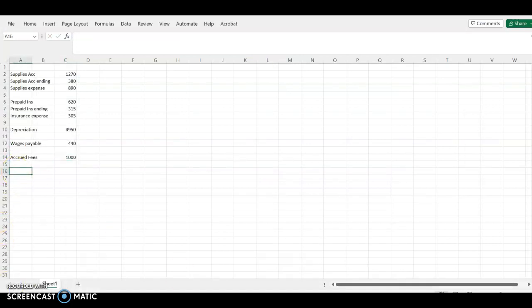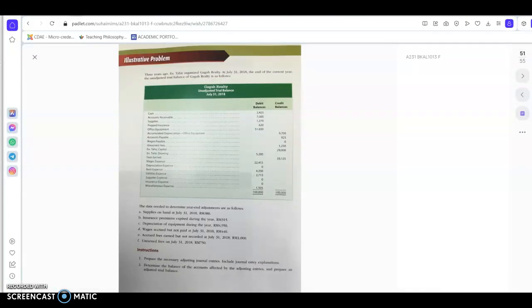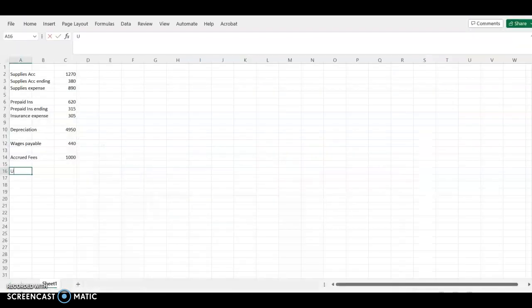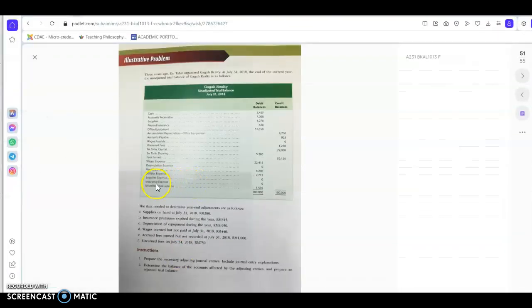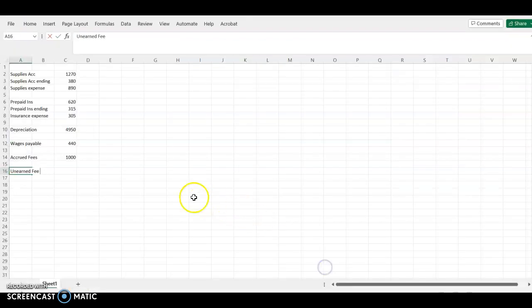Finally, the unearned fees. Unearned fees from the unadjusted trial balance, we have here 1250.